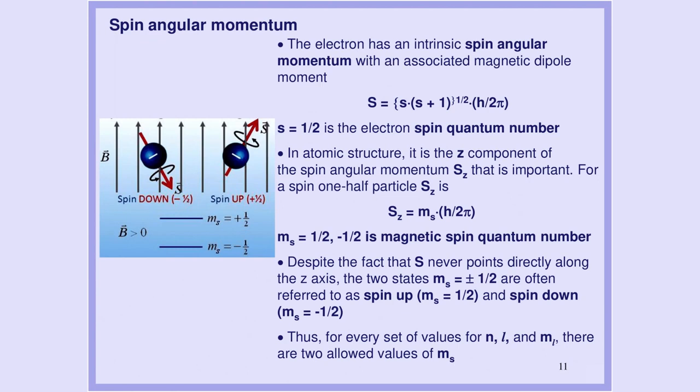Despite the fact that electron spin never points directly along the z axis, the two states with ms equals plus or minus 1/2 are often referred to as spin up, ms equals 1/2, and spin down, ms equals minus 1/2. Thus, for every set of values for n, l, and ml, there are two allowed values of ms.